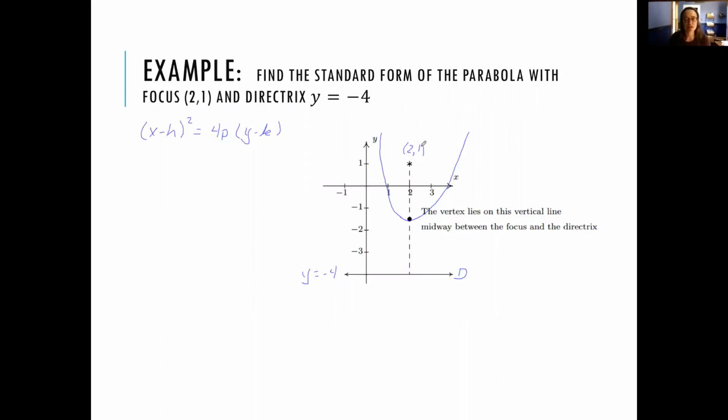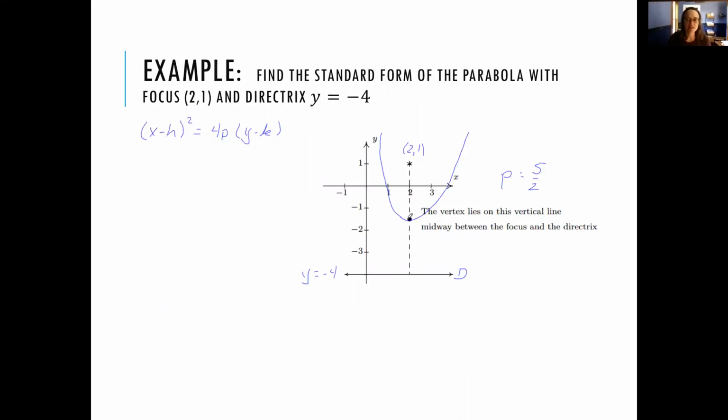So that's -4 minus -1, which is 5. It's actually negative 5, but we only care about the absolute value. So p is equal to 5/2. And it's positive because the parabola opens upward.